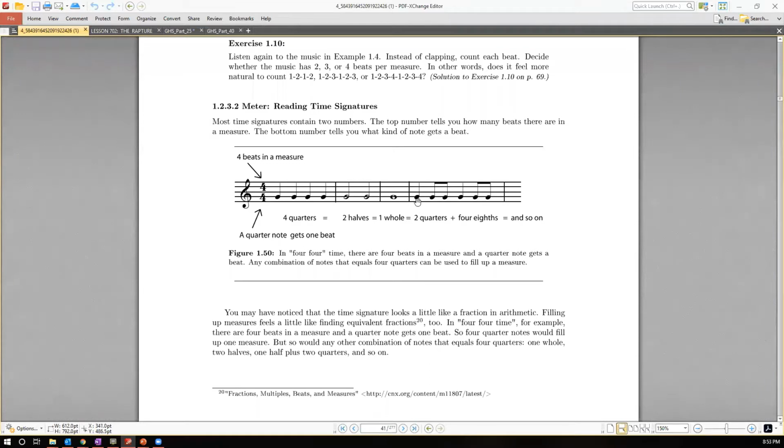This is a quarter note, so that's 1. Okay, let me actually explain.